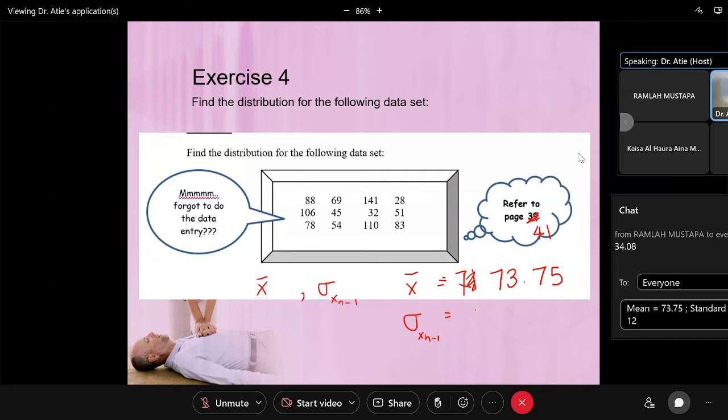Okay, Ramla, can you give me the answer? My answer is 34.08. People, when you read me the answer, just read the numbers, so it will be clearer. 34.08.